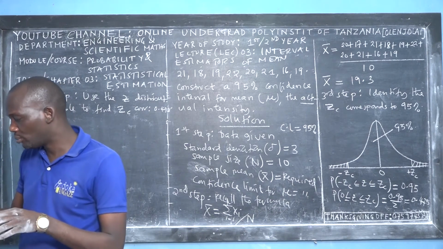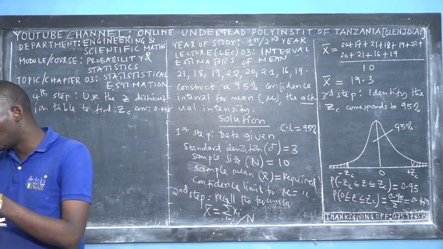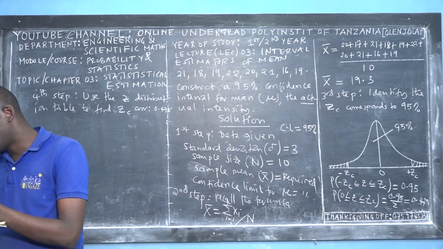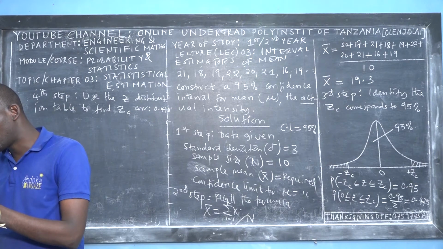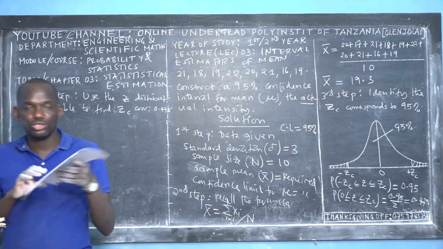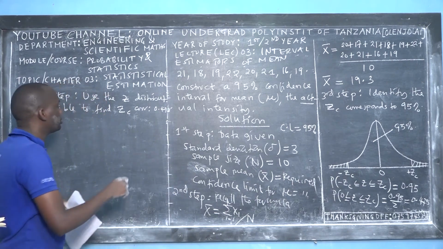So take your normal distribution table and I will show you how you can use it. You have to remember what I taught you in previous chapters on how to use these normal distribution tables.